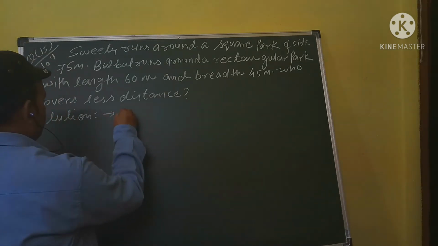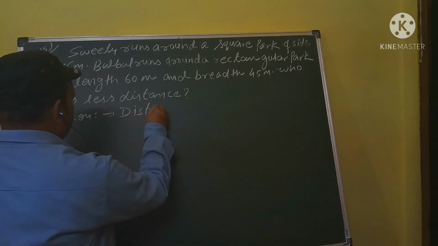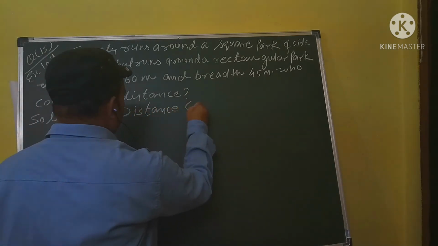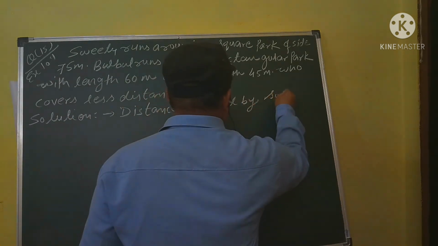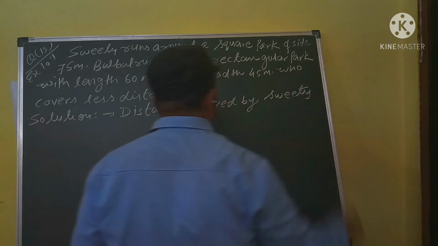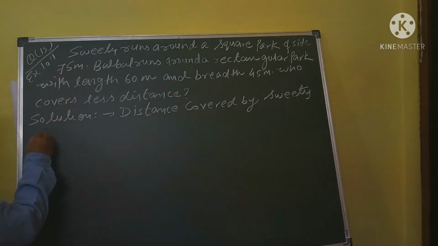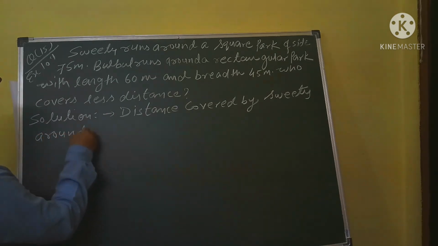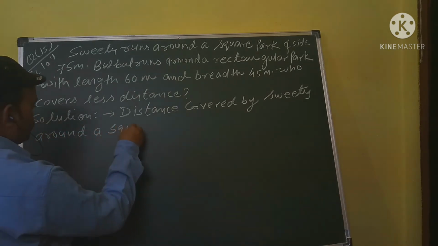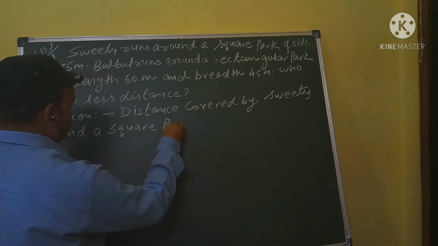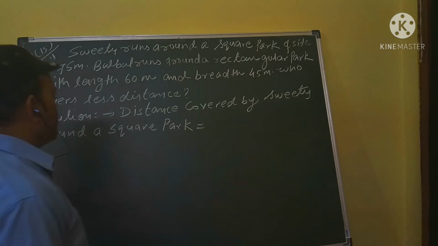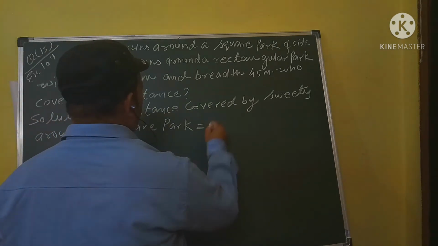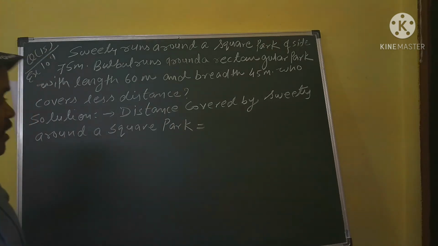The distance covered by Sweetie around a square park is equal to the perimeter of the square.